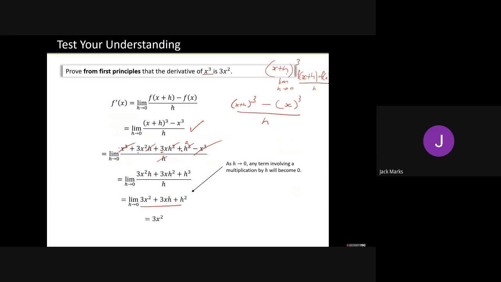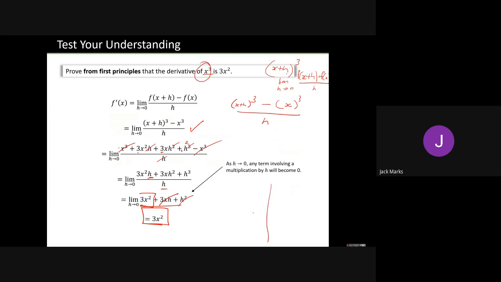Now, because h is still there on these two parts, taking h to 0 will take these out, as it's multiplying by 0. This bit, however, gets left alone because h has already been cancelled out here. So 3x squared is the gradient function for x cubed.